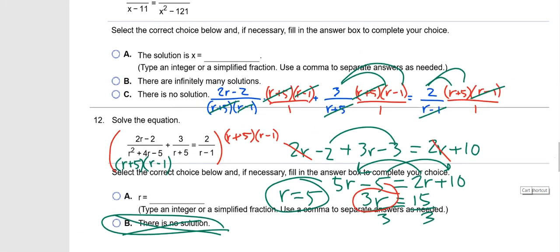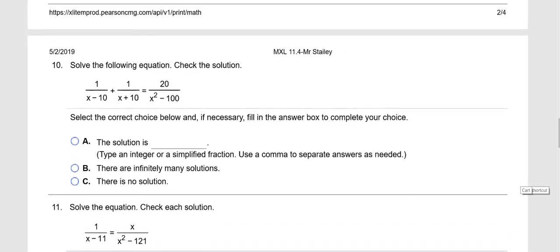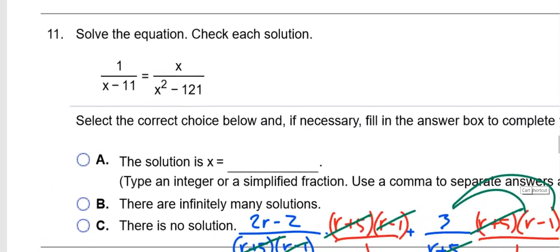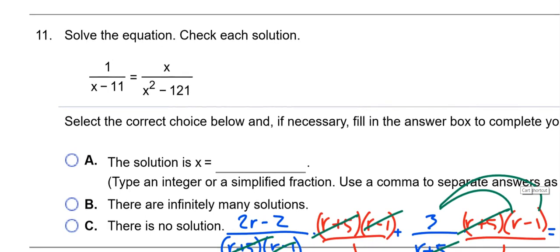Now I'm going to have you work on another one here. Let's do this one right here. Factor the denominator on the right side. What does that denominator factor into? x plus 11 and x minus 11.